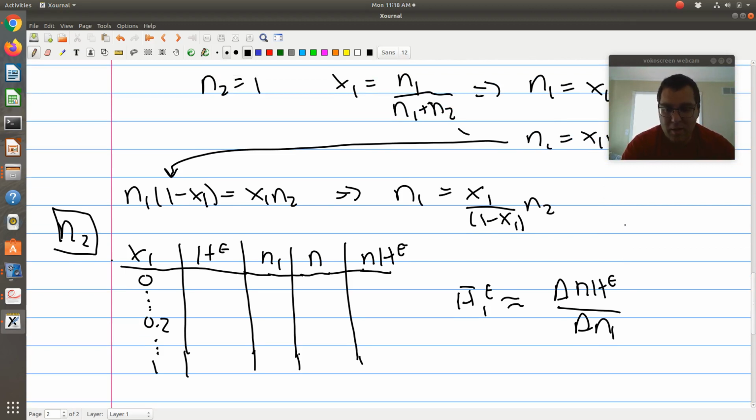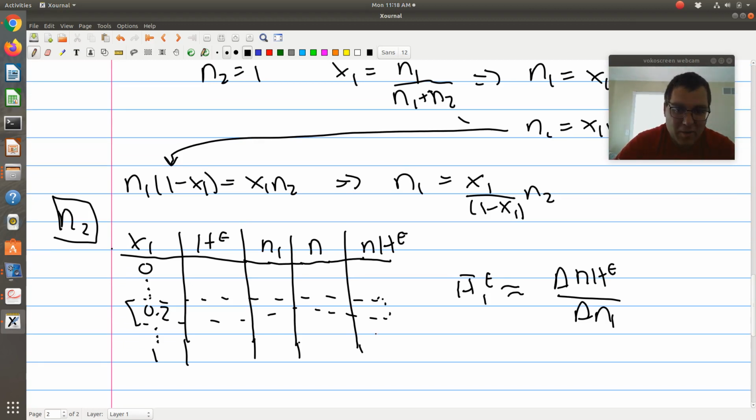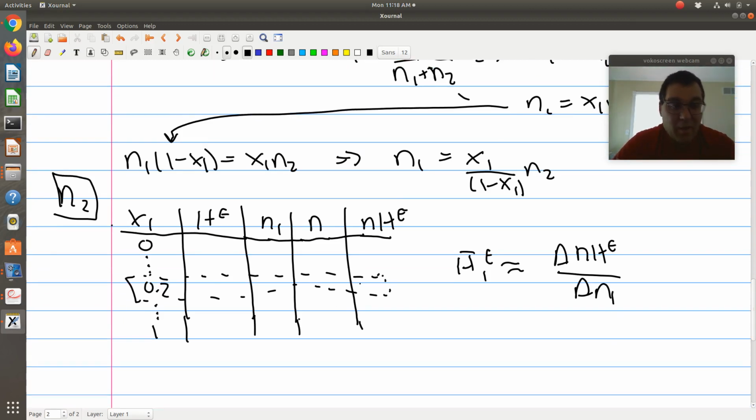I want to evaluate that at x1 is 0.2, so I would need to do finite difference around this point. Whether it's forward or backward finite difference, from this now marked up data set, I could go ahead and extract the data I need.